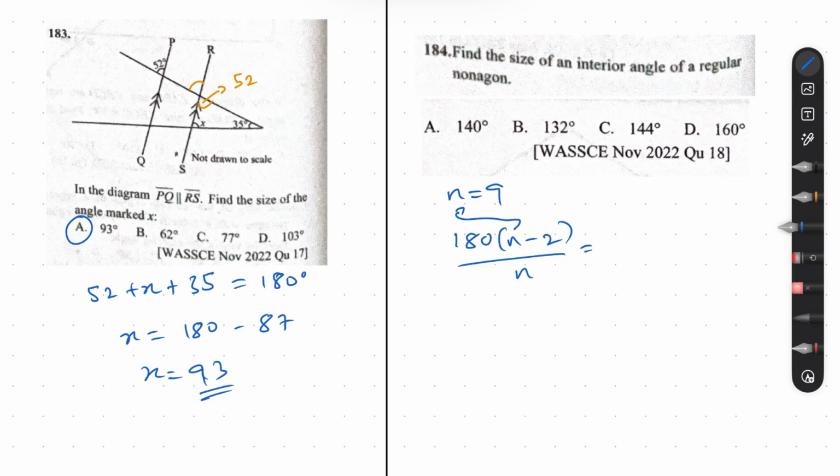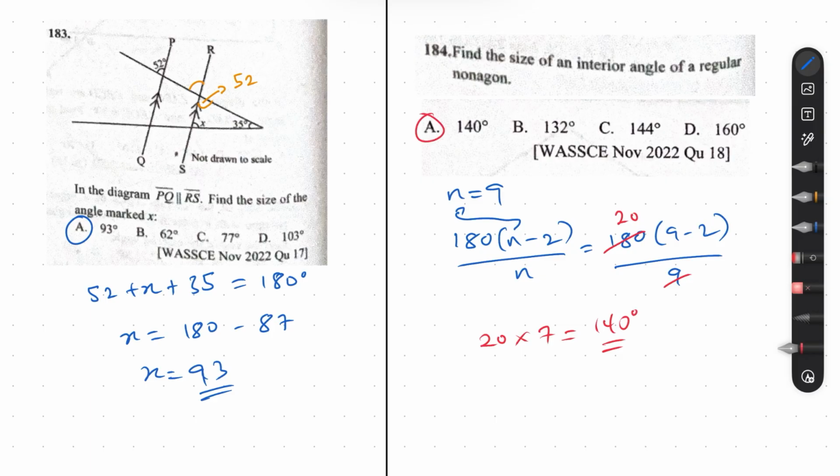So we just input 9 in the equation. Now 9 can cancel 180 how many times? 20 times. So we have 20 times 7, which will give us 140. So our answer is 140 degrees.